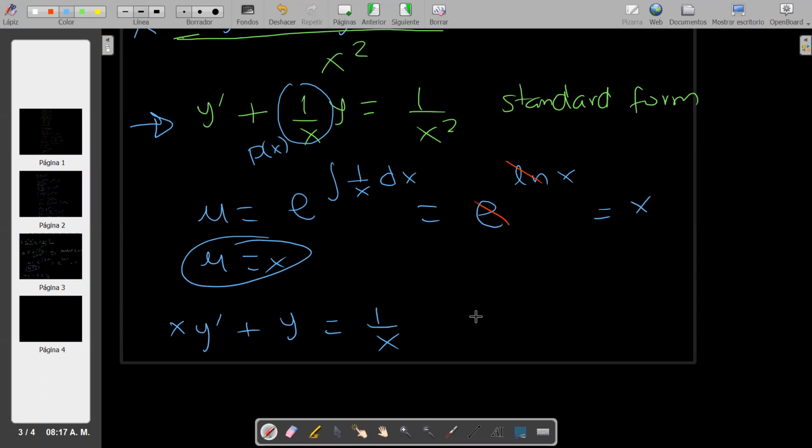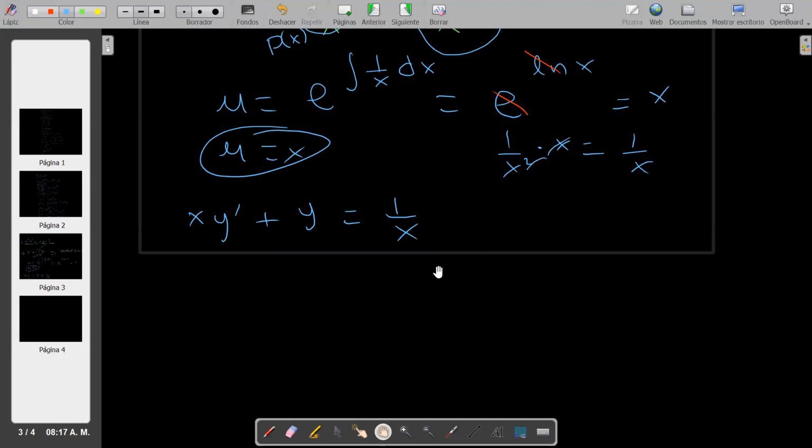No hay que multiplicar el mu igual de otro lado. Yes, you're right, and I have multiplied, right? On the right side, we have 1 over x squared, and 1 over x squared times x is equal to what? Ah, ok, ya. Sí, no vi que la simplificó. Yeah, I have already simplified it.